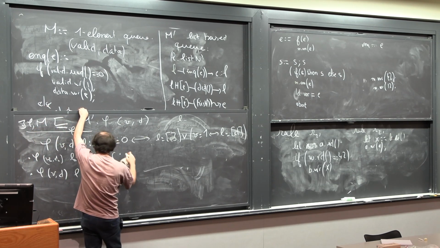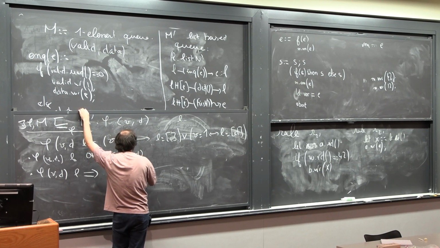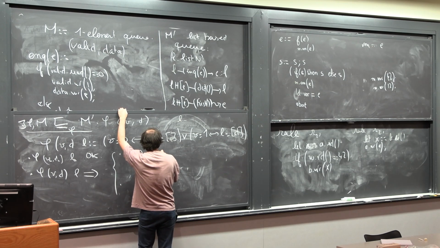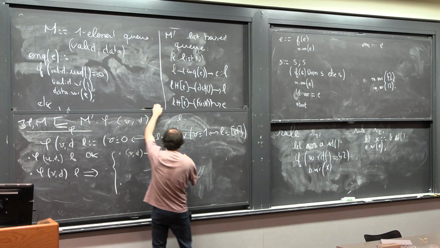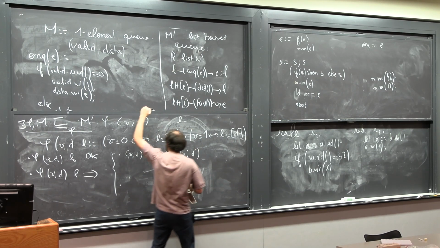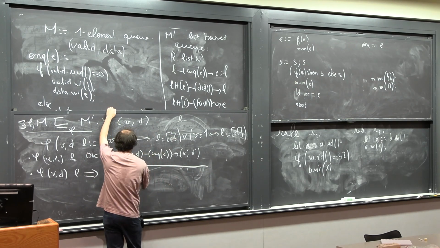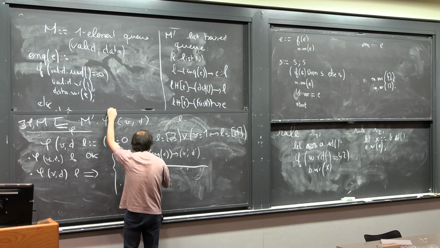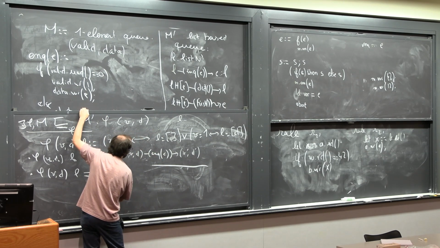We have to prove that if we start from V, D, and we manage to NQ some element, let's say E, and we go into some new state V prime, D prime, and we also have phi V, D, L. Actually, let me write it as a judgment. This way it will be cleaner.